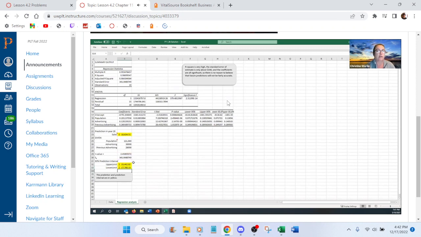So we can basically say that the store manager or owner can be 95% confident that the true predicted value for sales in the following year is between $17,786.19 and the upper limit of $19,462.82. Again, given that the population stays the same and they do invest $30,000 for advertising.